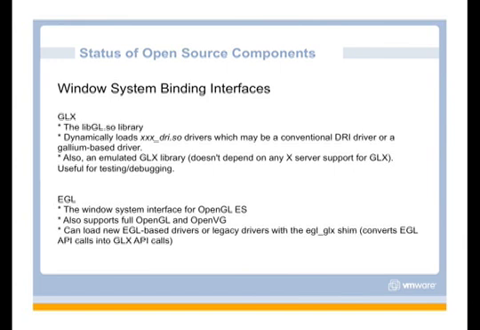The other part of this, of course, in addition to the rendering APIs, are the window system binding interfaces like GLX and EGL. Well, we've had GLX for a long time now, at least 10 years in open source, I think.